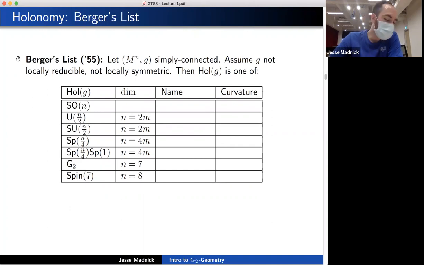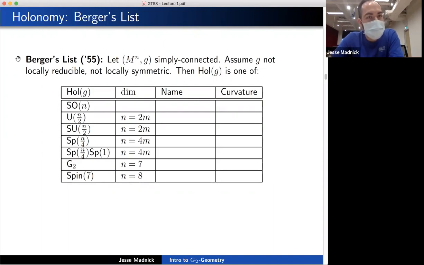But over the course of many decades, a lot of hard work by many mathematicians proved that in fact there do exist manifolds, complete examples, and now even compact examples with all of these given holonomy groups. So all of these groups do in fact occur.